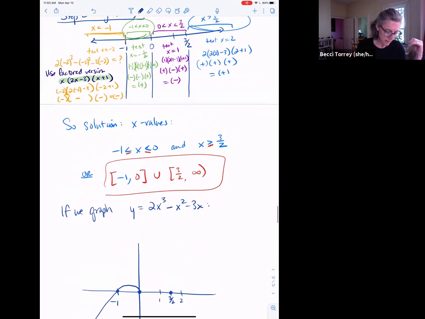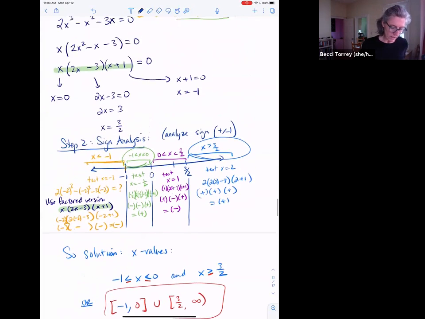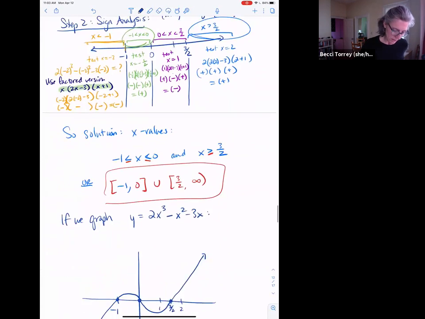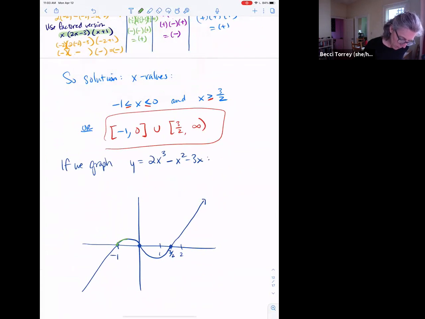And then I plugged in x equals 1, and I found it was negative. So that means I'm getting negative numbers between 0 and 3/2. And then finally, I plugged in x equals 2, which is bigger than 3/2, and I got positive numbers out. And so because we want to know where this thing is greater than or equal to 0, where it is either positive or equal to 0, that means our solutions are where the y values are positive. So the green are our solutions.